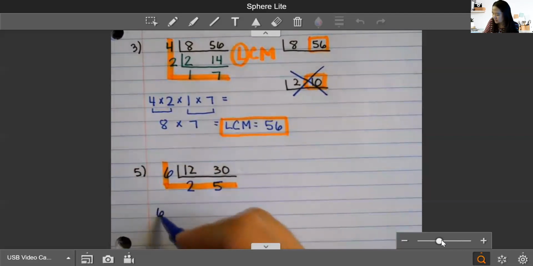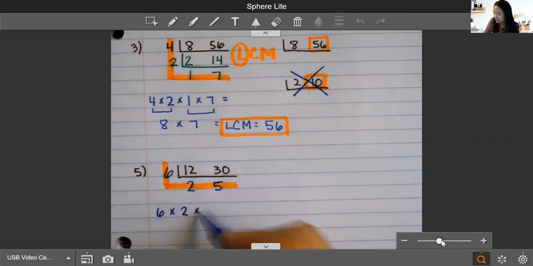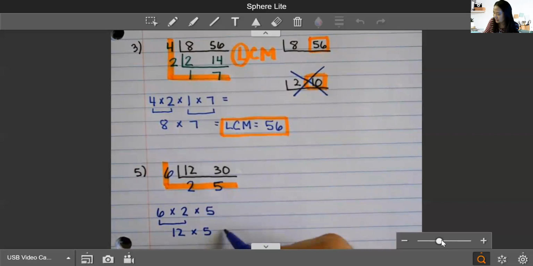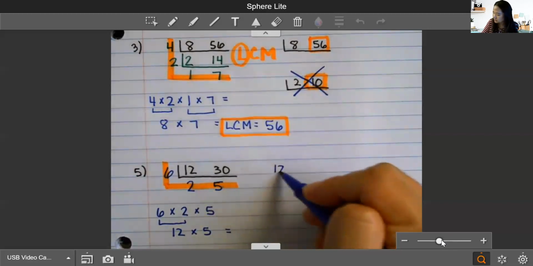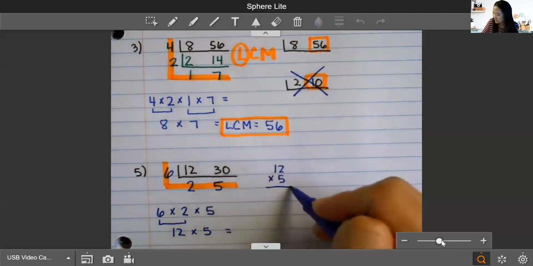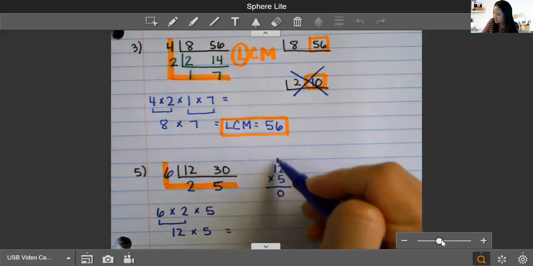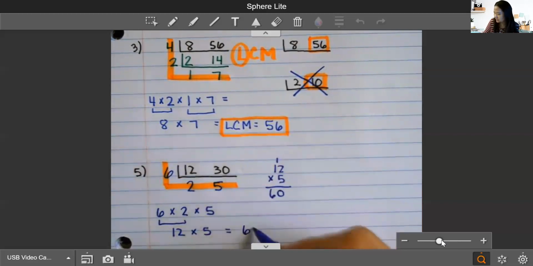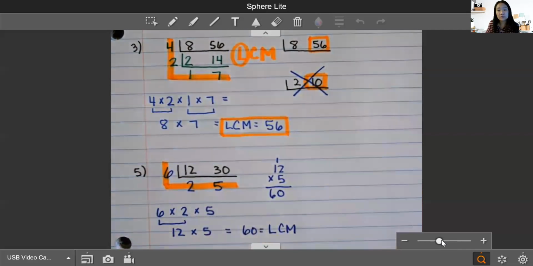So I need to do 6 times 2 times 5. 6 times 2 is 12, and 12 times 5 is 60. My least common multiple equals 60.